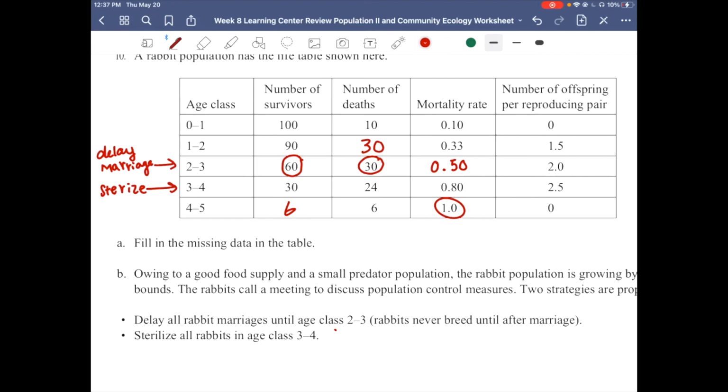So for this, in the first 2 years of their lives, each producing pair will have an average of 1.5. So it's saying delay this to this. So we see it's going from 1.5 to 2.0.